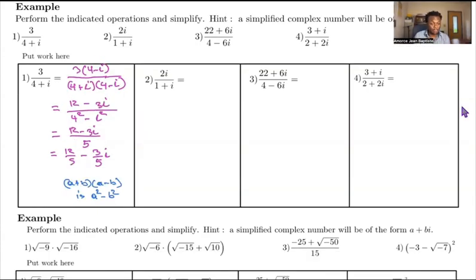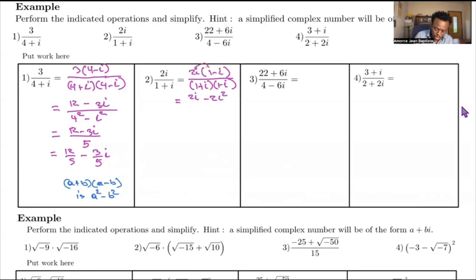So next example here. Multiply 2i over 1 plus i by 1 minus i, which is the conjugate. So 2i times 1 minus i, the conjugate of the denominator, over 1 plus i times 1 minus i, which is a plus b times a minus b. That equals 2i minus 2i squared, right?